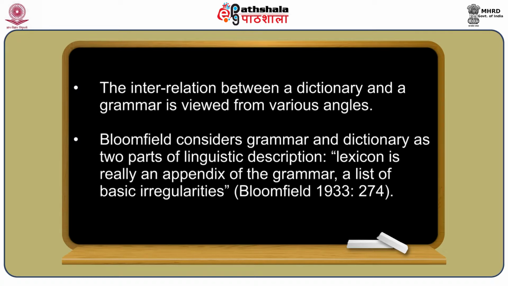Bloomfield considers grammar and dictionary as two parts of linguistic description. The lexicon is really an appendix of the grammar, a list of basic irregularities. Bloomfield mentioned this in his book Language in 1933.